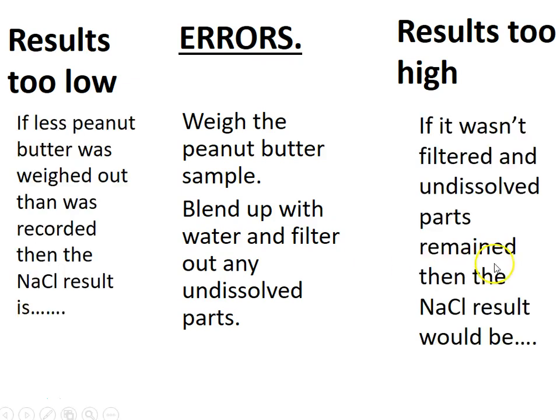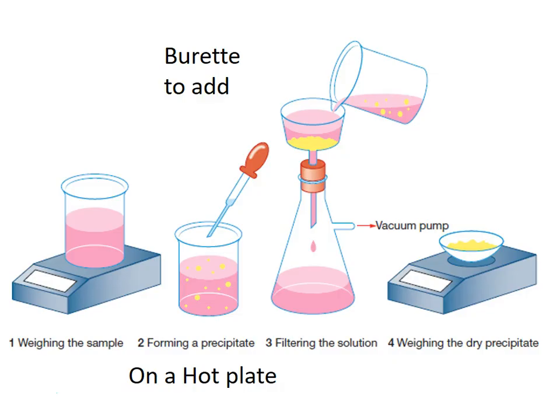Okay, if it wasn't filtered properly and undissolved parts remained, so you had a bit of chunky stuff, some peanuts or whatever, sitting on the bottom, you're going to filter out your precipitate and the peanut goes with it. So then, therefore, the mass of your silver chloride that you're weighing would be too high, so the mass of salt calculated would be too high and the percentage would be too high.